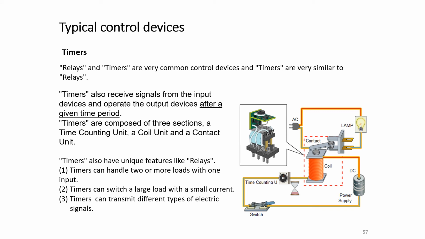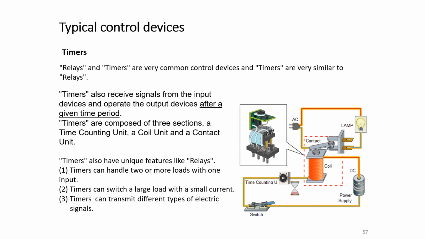Okay, timers, another type of control devices. Relays and timers are very common control devices, and timers are very similar to relays. Timers also receive signals from the input devices and operate the output devices after a given time period.